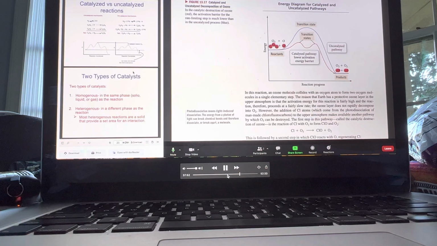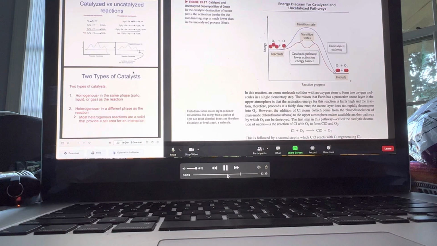So the catalyst is on the bottom, the uncatalyzed is on top? Yes. The uncatalyzed reaction is the one in blue, and the catalyzed reaction is the red line. So you see that the uncatalyzed reaction has a higher activation energy than the catalyzed reaction.